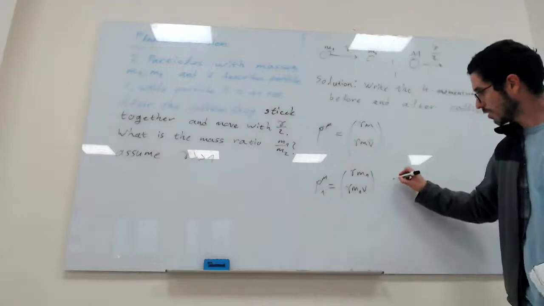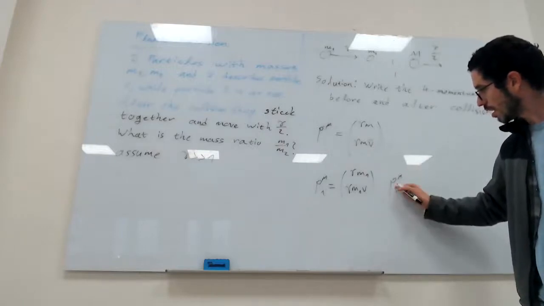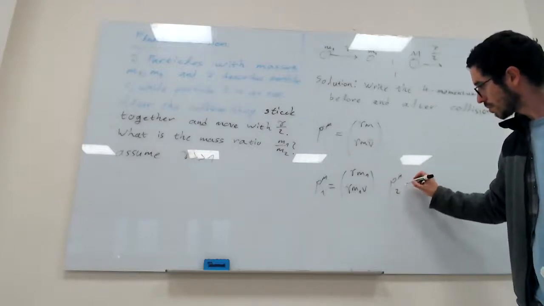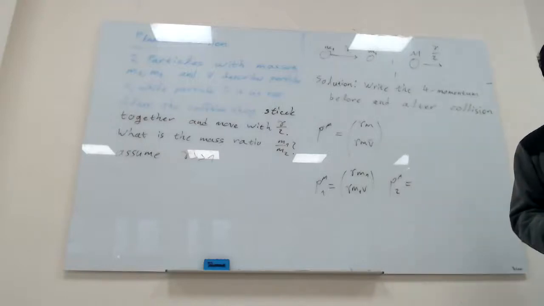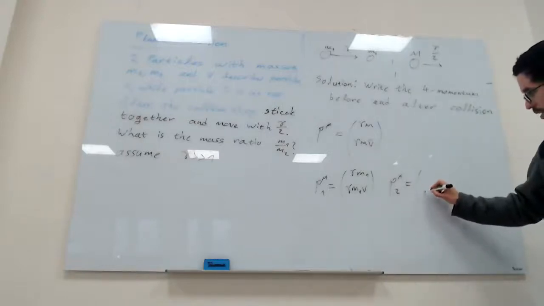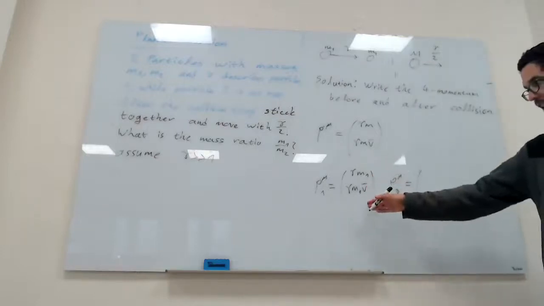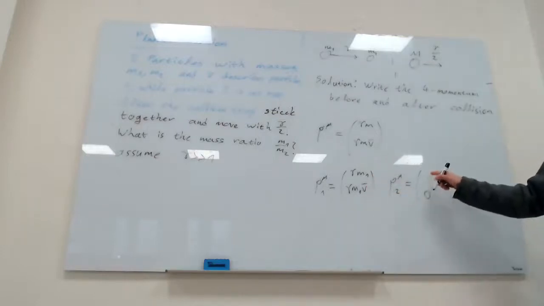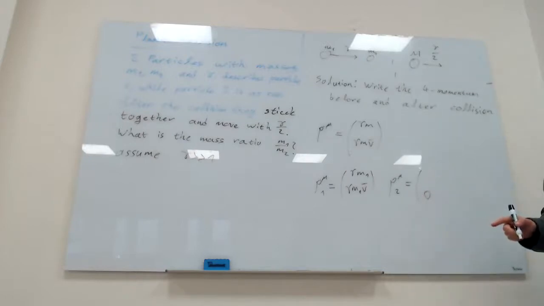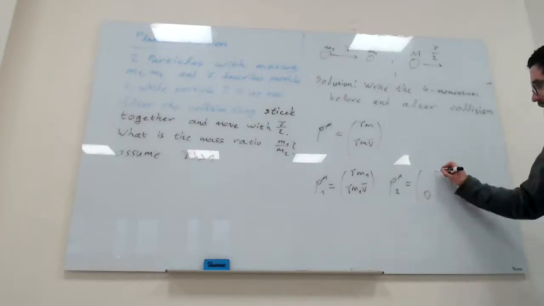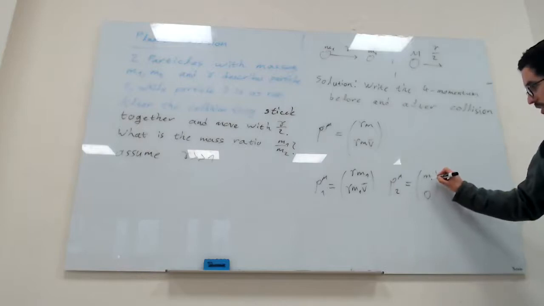What is it for particle 2? It is m2 and 0. This is a vector, three coordinates. Gamma equals 1 because the particle is at rest.